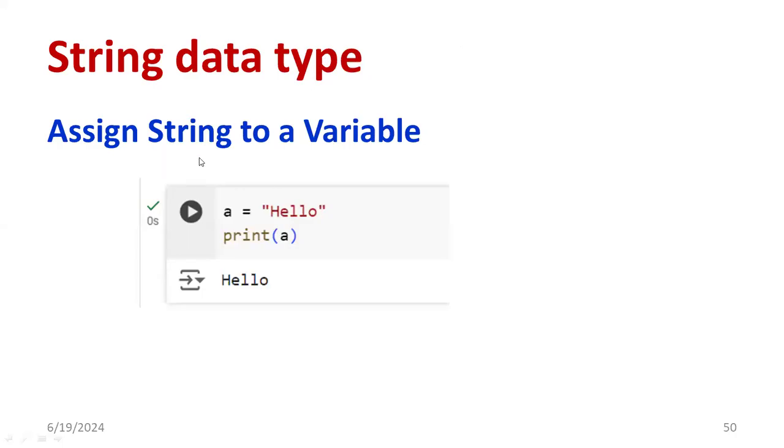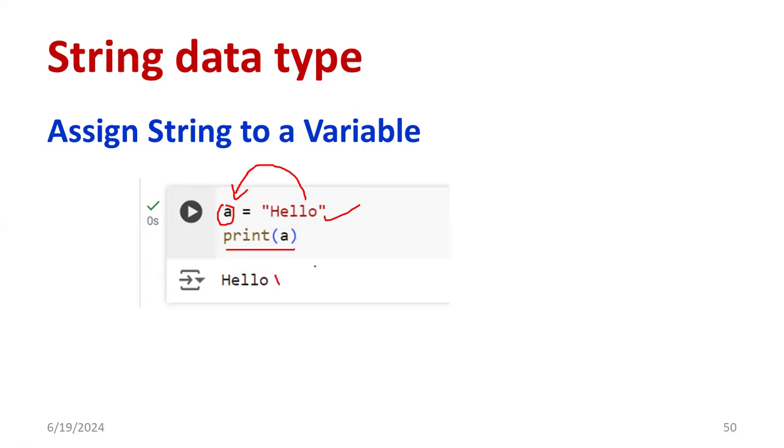Now, how to assign a string to a variable? So please consider an example here. Let us say a is a variable. Hello is a string. So if I write a is equal to hello, hello will be represented by using double inverted comma since it's a string. Now what is the meaning of this? Hello will be stored into the variable called a. So if I directly want to display the value of a, then I can use the function called print, which is a built-in function.